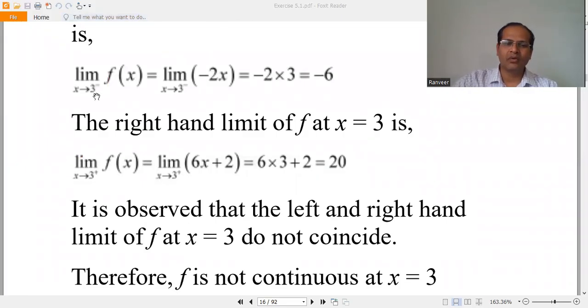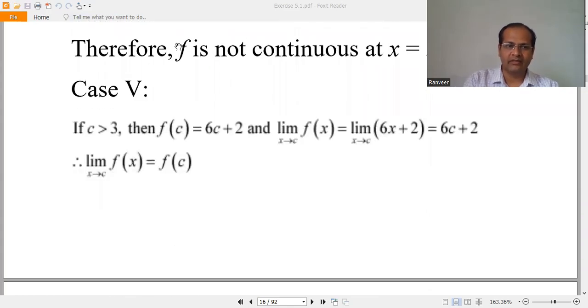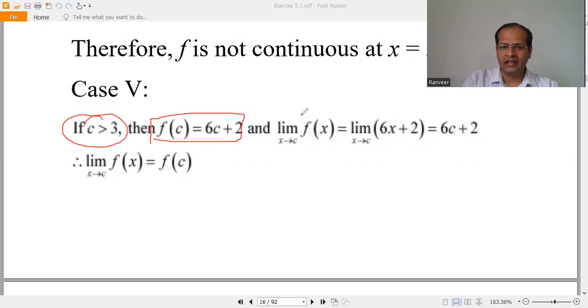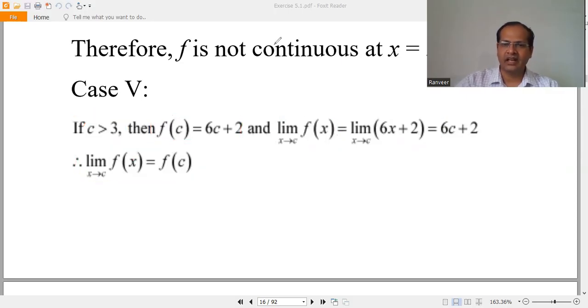Always remember one thing: when there are two function definitions at the given point, that is the most important thing, and we have to check there. Now suppose only a single definition is there, like c greater than 3, so the f of c value is this only, and after that x tending to c, we will find the value is the same. So in this case the function is definitely continuous.